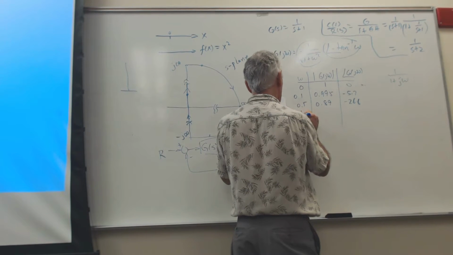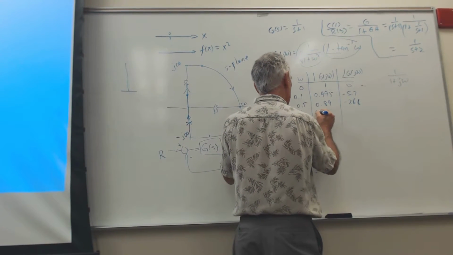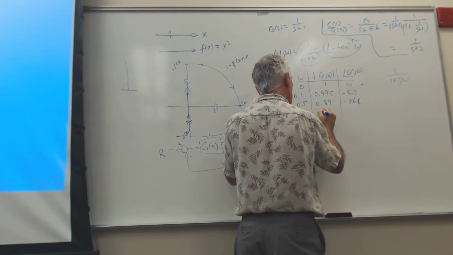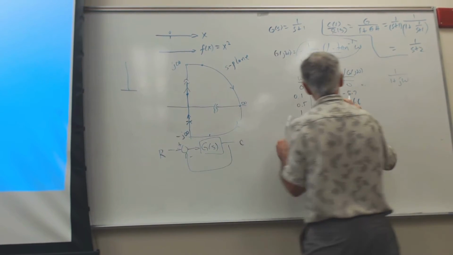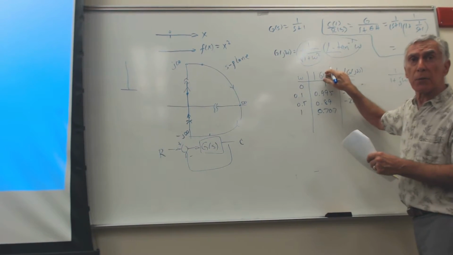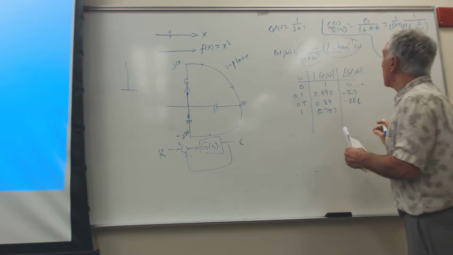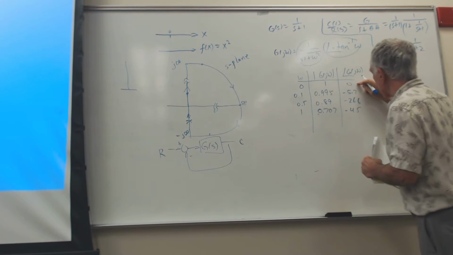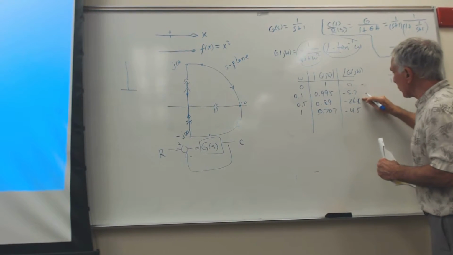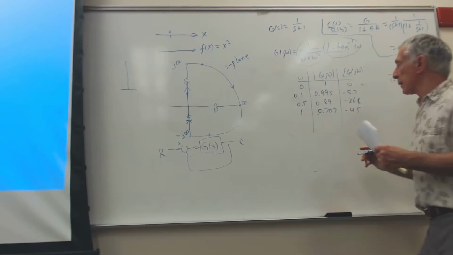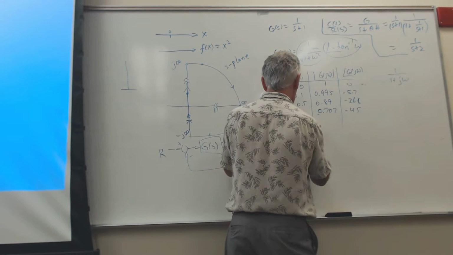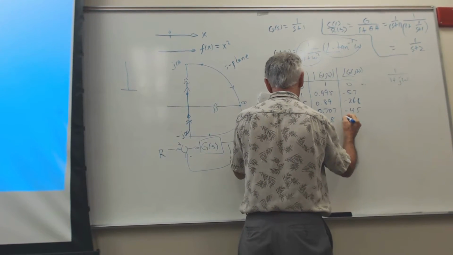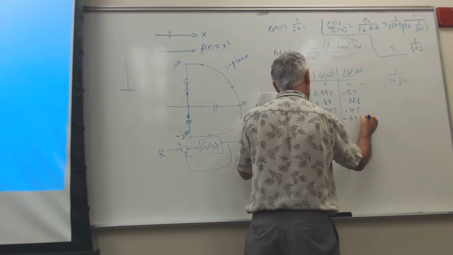Okay, and then we take 1. It gives us 0.707, because 0.707 is 1 over square root of 2, okay? And the phase is going to be minus 45. So you can see that the phase is increasing from 0 towards minus 90, right? And then we have 2, 0.447, and the phase is minus 63.4.